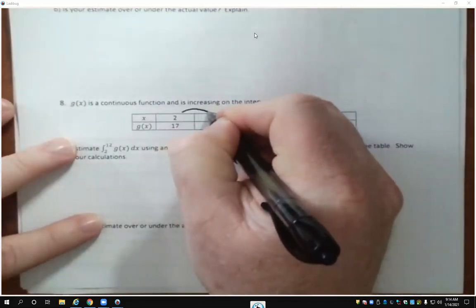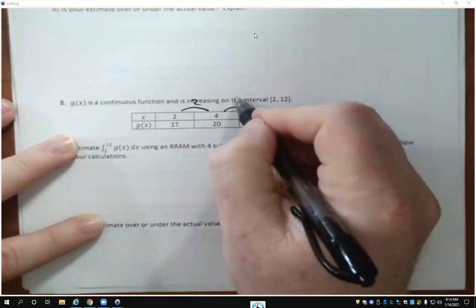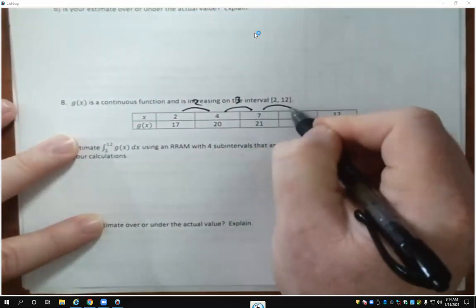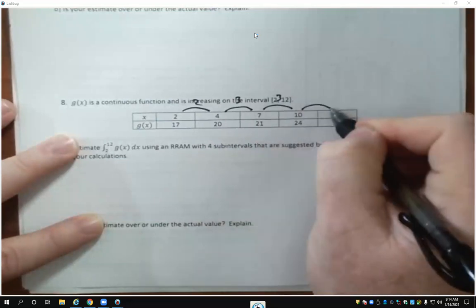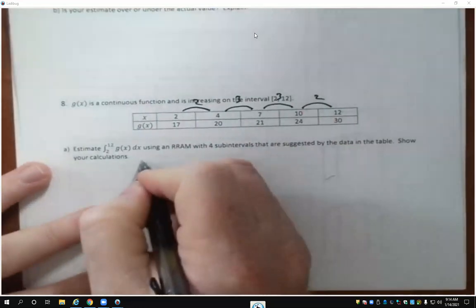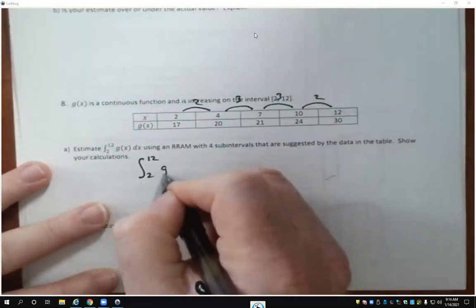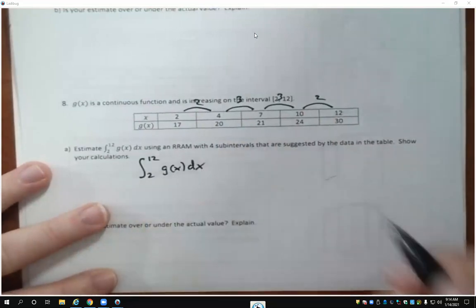So we have a width of 2, a width of 3, a width of 3, and a width of 2. The integral from 2 to 12 of g of x dx.